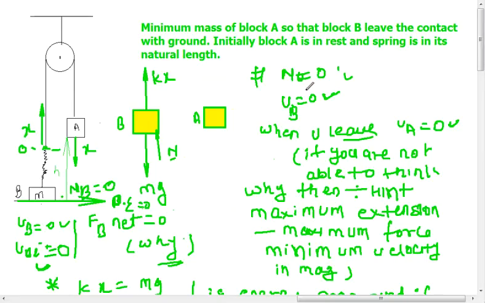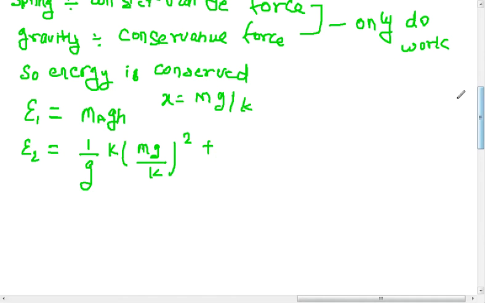When it moves downward by amount x, this height is going to be h minus x. So plus mg times (h minus x).